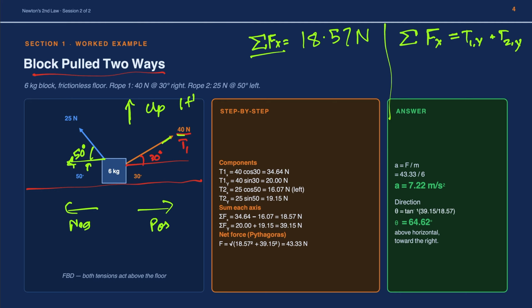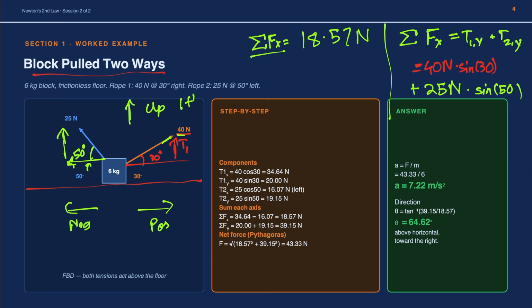They might be going left and right, which is opposing x vectors, but both vectors have positive y components. This is going to be equal to tension 1y, which is just 40 newtons times sine of 30, plus tension 2y, which is 25 newtons times sine of 50.